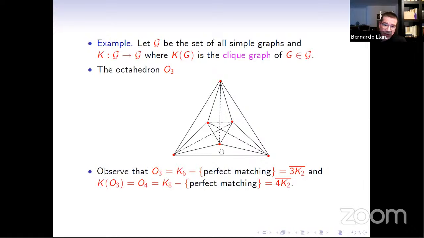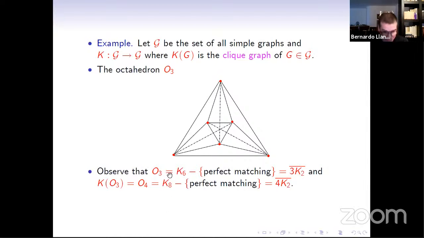For example, it is well depicted here, because we have this perfect matching and 3 copies of K2, and we take the graph complement. So it is easy to prove that K of O3 is O4.